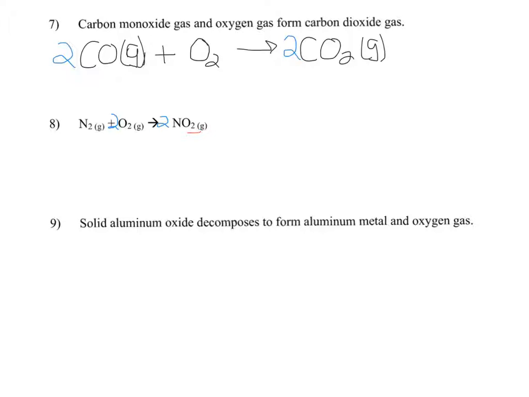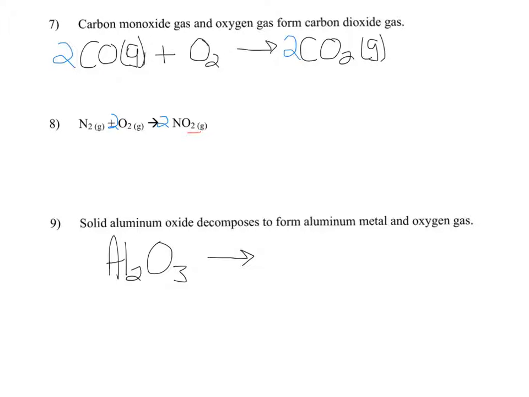Next problem, we have solid aluminum oxide. Now this one might seem a little trickier to get the right formula, and that's because you have to do the crisscross method to get the 2 from the oxygen down to the aluminum. This decomposition does not happen fairly quickly.